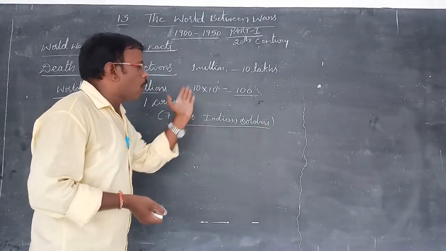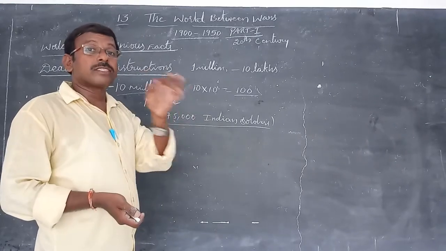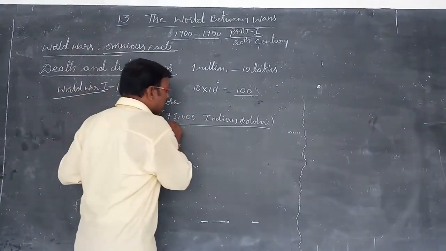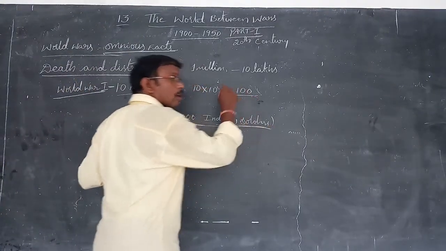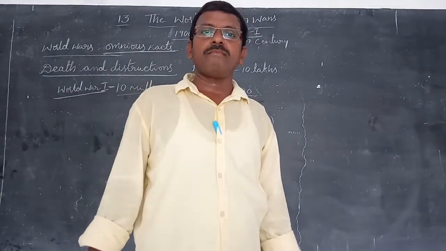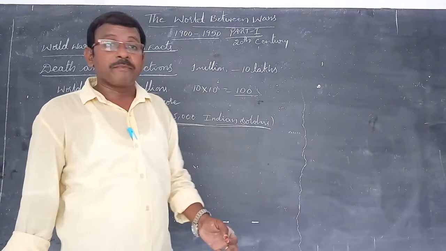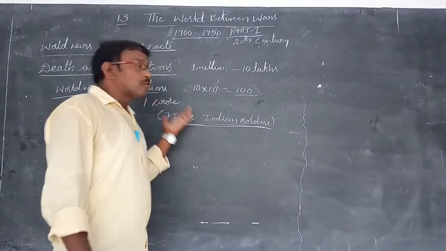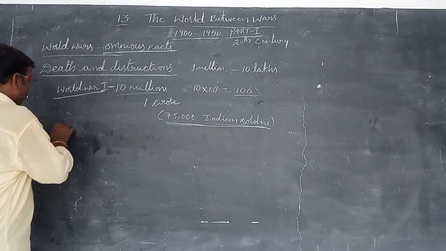They lost their lives. Nearly 75,000 Indian soldiers lost their lives in this First World War. You understand? Okay, and coming to the Second World War.